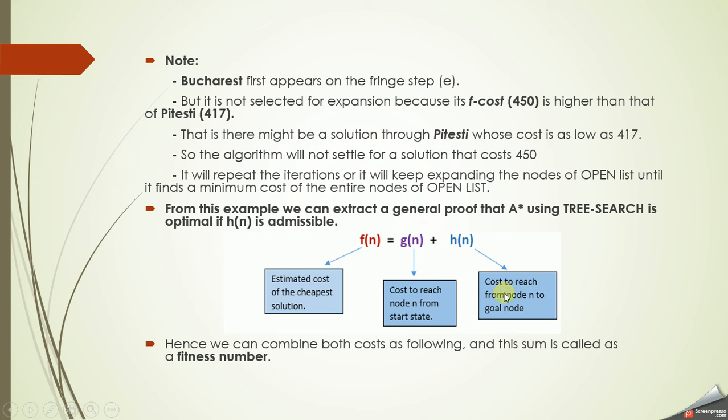H of n is the cost to reach the goal node from node n. Hence we can combine both costs as follows, and this sum is called the fitness number. So we know this f of n as an evaluation function. Here they have given it another name: this evaluation function f of n, we call it a fitness number.